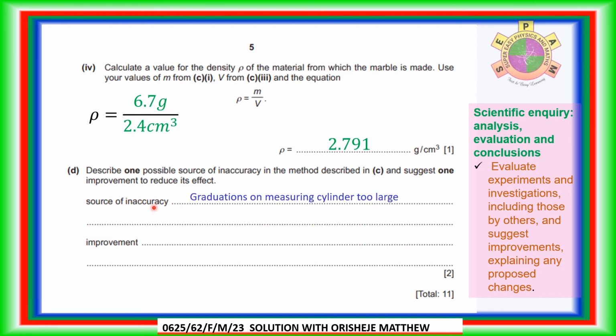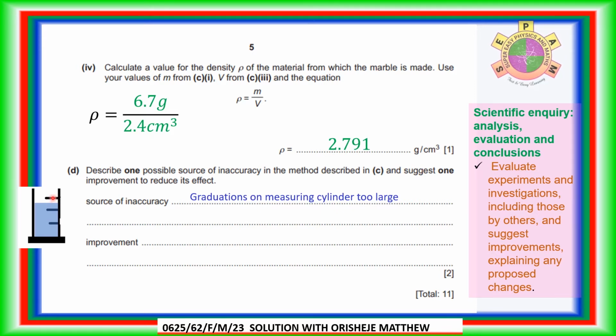First of all, if the graduation on the measuring cylinder is too large, it will introduce error. If this is a measuring cylinder and the gap between calibrations is too much, let's pour liquid inside. If the liquid gets to this point, it is not exactly on any calibration.